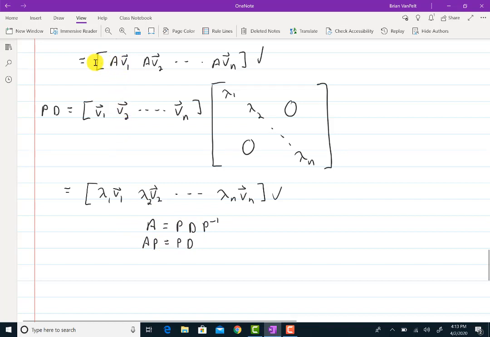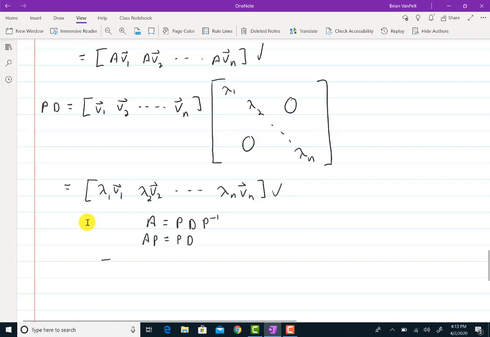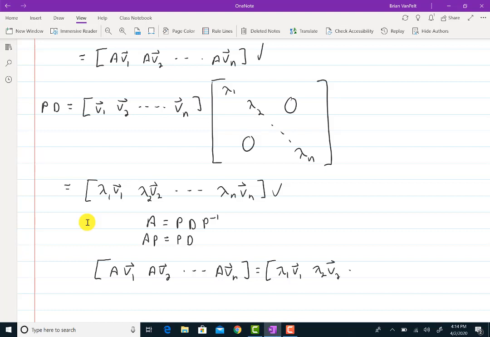So the AP was this part up here. Let me write that in here. And that's equal to lambda 1 v1, lambda 2 v2, dot, dot, dot, lambda n vn.